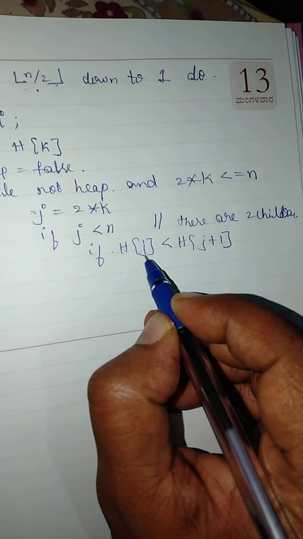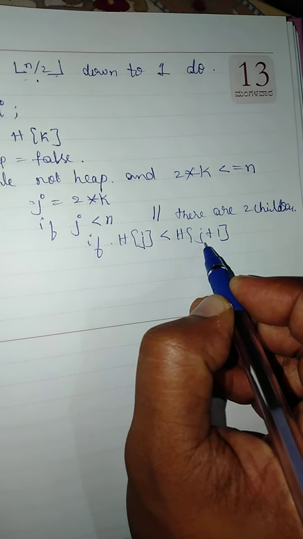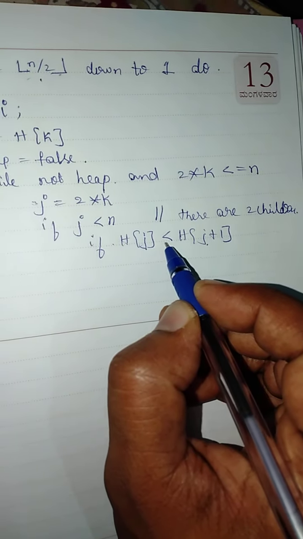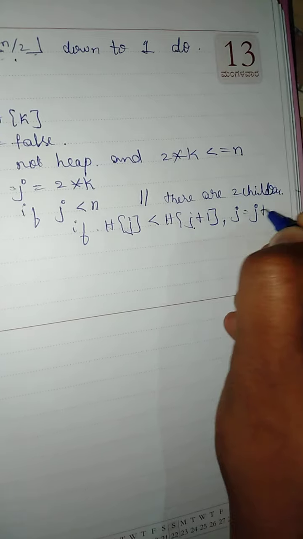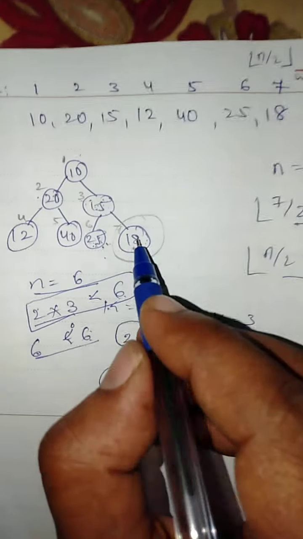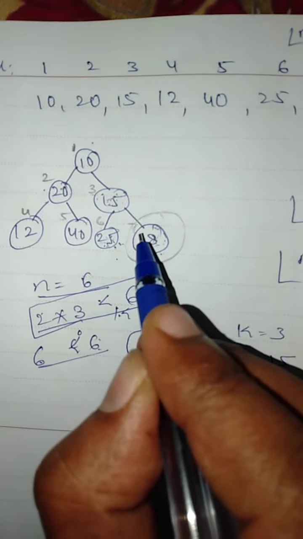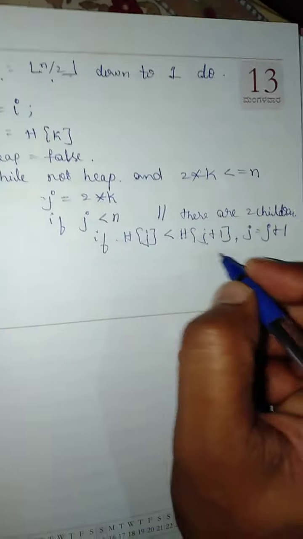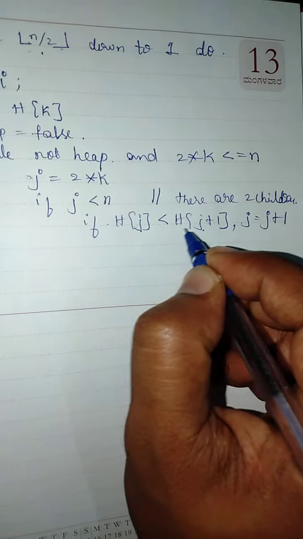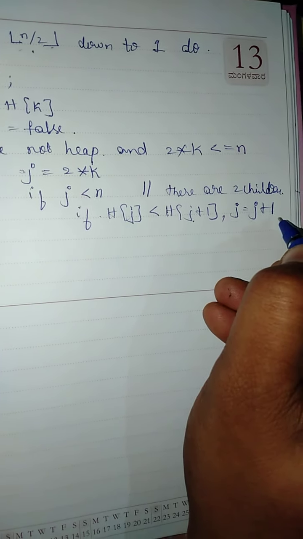So j is the left child, j plus 1 is the right child. If right child is larger than the left child, then we have to change j is equal to j plus 1. In this case, suppose this element is greater than this element, then we have to change j to 7. So that is the meaning. So if h of j less than h of j plus 1, then j is equal to j plus 1.